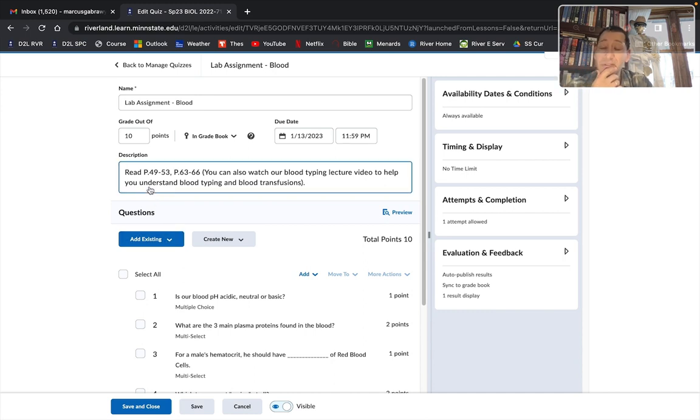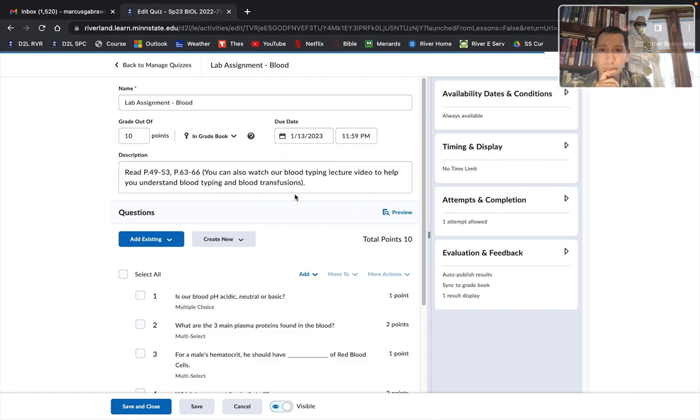Here it says in the description, and this is the instructor version, but yours is probably going to be pretty much the same, read pages 49 through 53, and then 63 through 66. You can also watch the blood typing lecture video to help you understand blood typing.